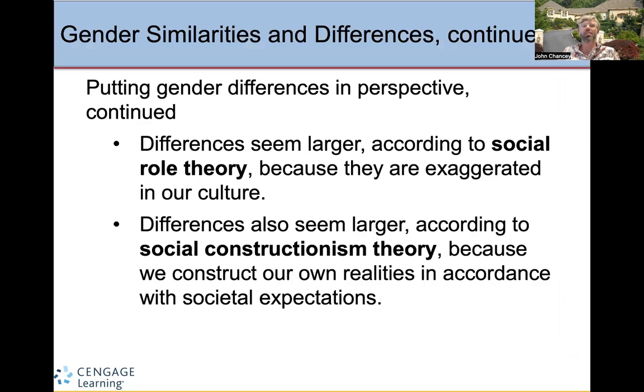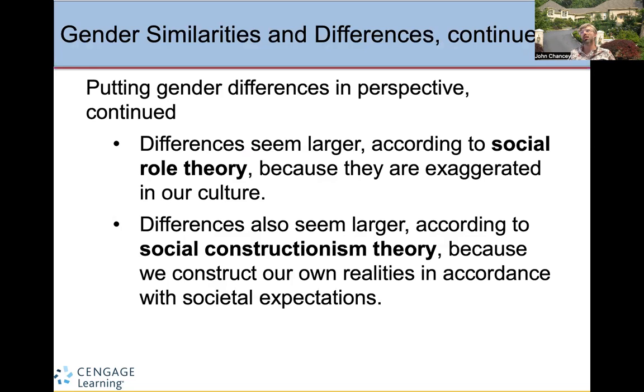So putting it into perspective, some of those differences do seem larger. However, thinking about social role theory, basically the idea that each individual or each gender has sort of a part to play within the structure of society, those differences get exaggerated. Differences also seem larger according to another theory, social constructionism theory. We construct realities based on societal expectations.